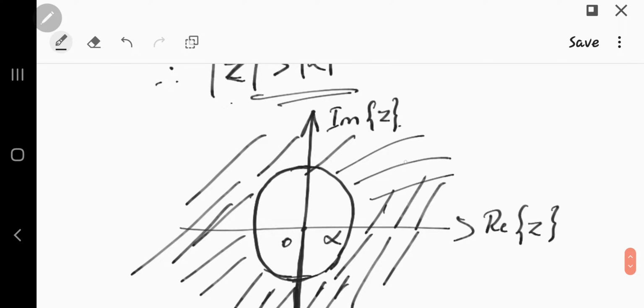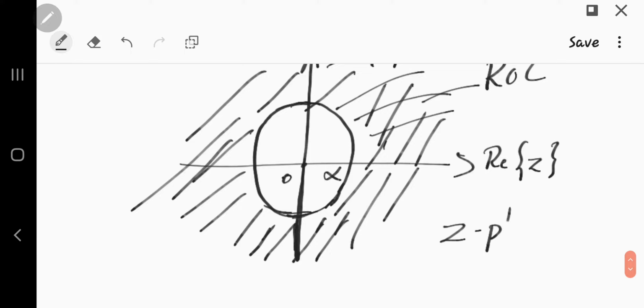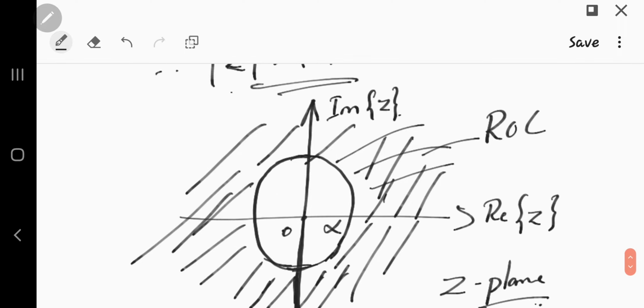So do mention this ROC, and this is the Z plane. We have to locate it graphically like this, put the shades like this, and it should not touch this. For a positive time sequence, Z is not present near the origin, so that is important. The value of Z will be the entire Z plane except at Z equal to 0. This is the meaning of that.